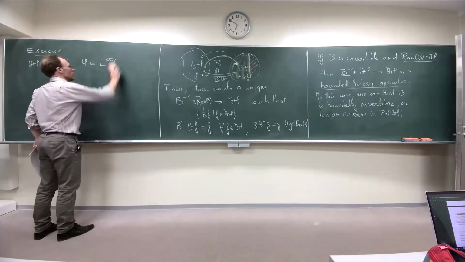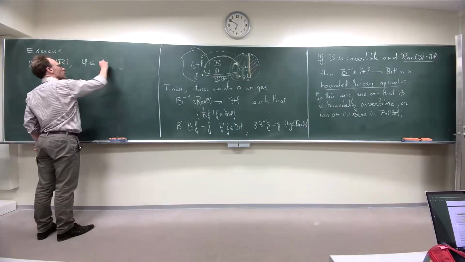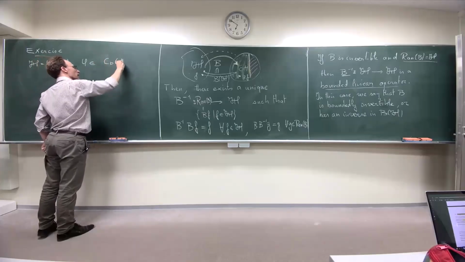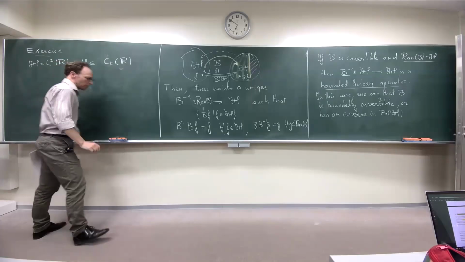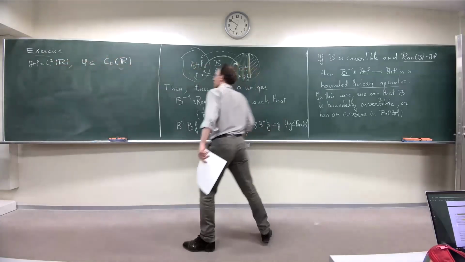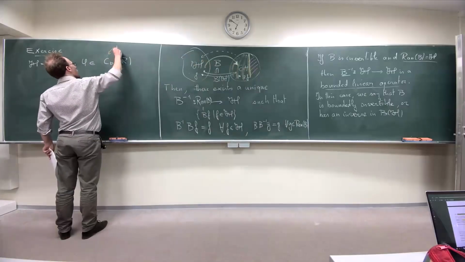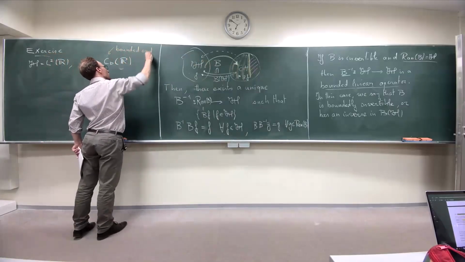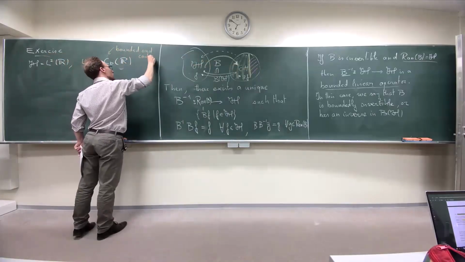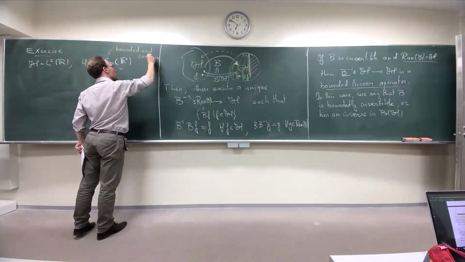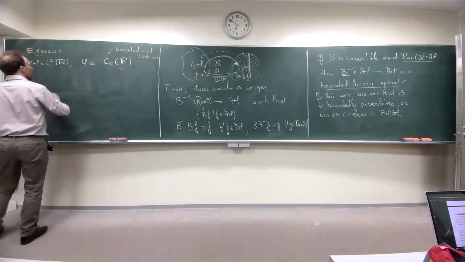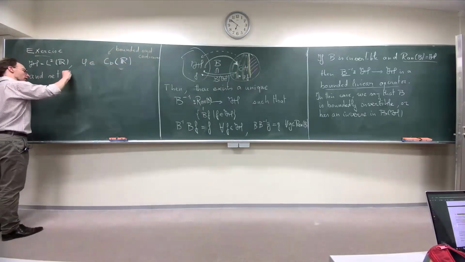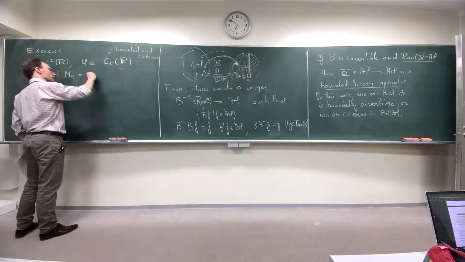Let me take even a simpler one: phi, a bounded and continuous function. So the nice function on R, bounded and continuous, and set M phi for the multiplication operator.